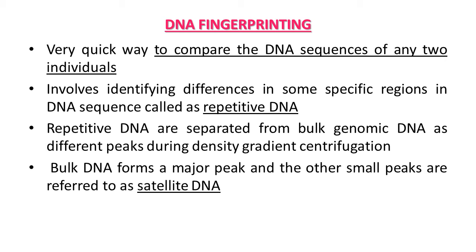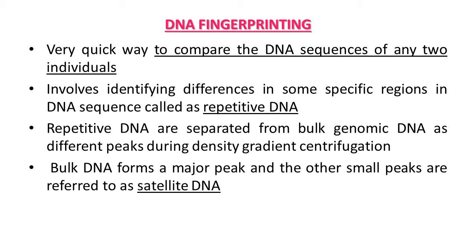If one aims to find out genetic differences between two individuals or among individuals of a population, sequencing the DNA every time would be a daunting and expensive task. We can also imagine it. If we try to compare two sets of 3 into 10 raised to 6 base pairs, then DNA fingerprinting is actually a very quick way to compare the DNA sequences of any individual.